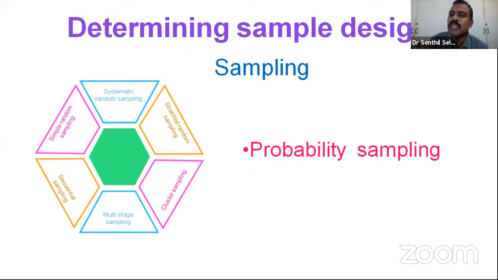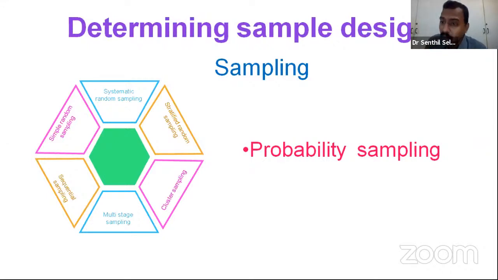I'm going to choose them by the method of lot or any other probability measures. Then it is called probability sampling. Even the researcher doesn't know who is going to be the sample or the patient for his research work.